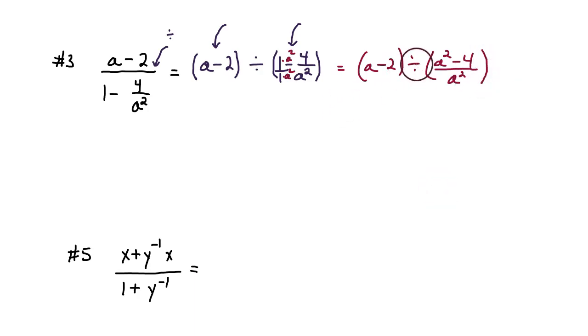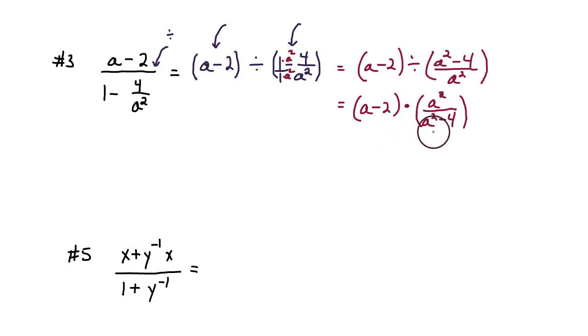The next step is to take the division problem and write it using multiplication. Keep the first thing the same, change to times, and flip the second one upside down. Now that we have a multiplication problem, we would multiply the tops together and multiply the bottoms.